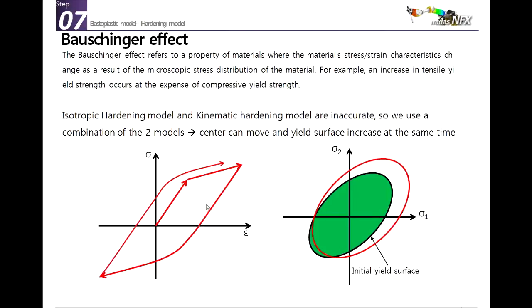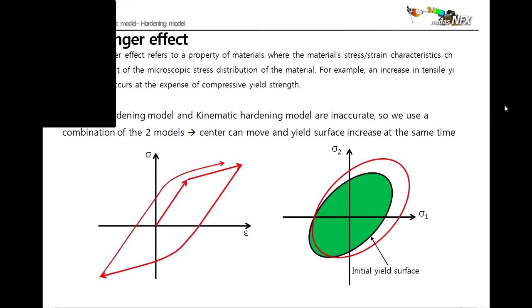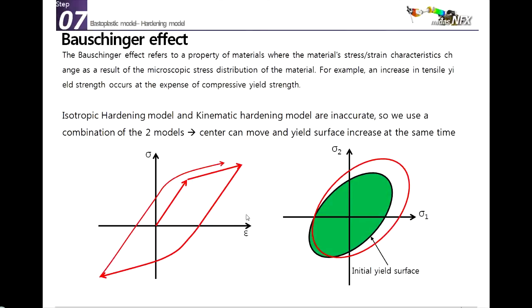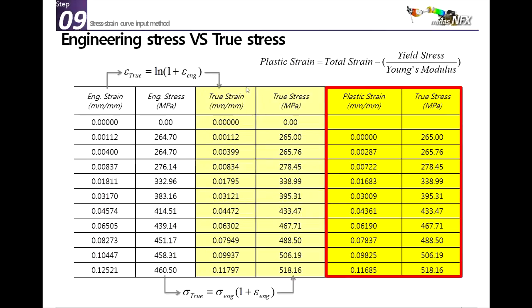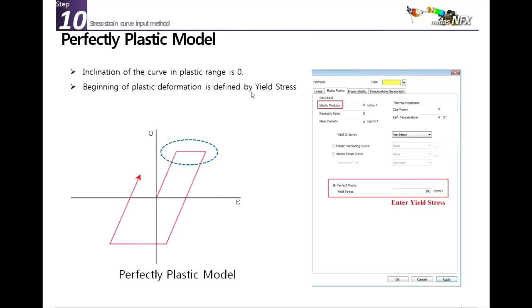So actually it's a kind of combination of isotropic and kinematic models. So you can think about this: it extends and it moves at the same time. I will pass over the engineering stress versus the true stress. So you can check the book if you want that.